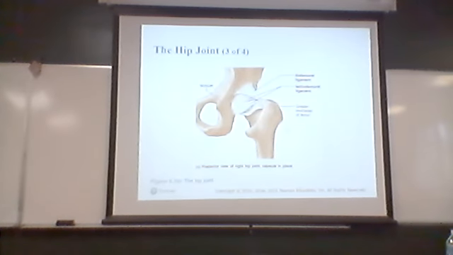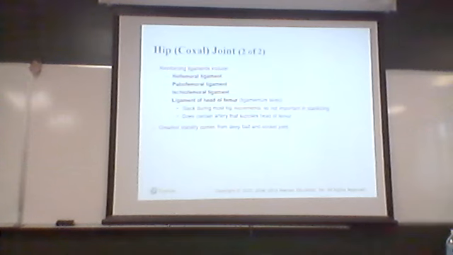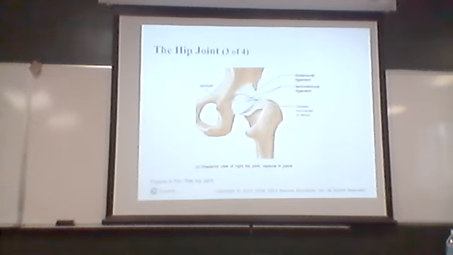There we have it. They say that it has great stability because of the ball and socket, the acetabulum with the labrum around it. So if we look right here, we have the greater trochanter, lesser trochanter, iliofemoral ligament, and the ischiofemoral is down here.